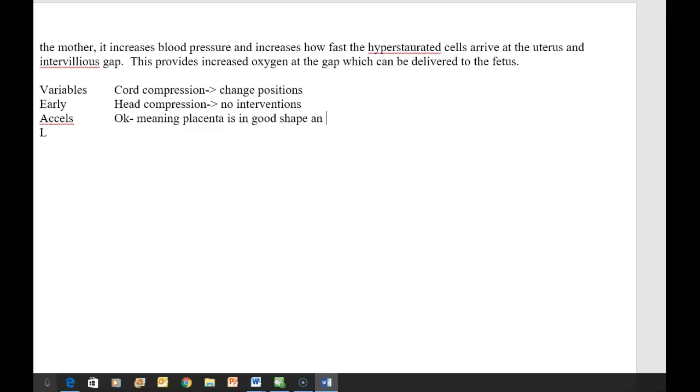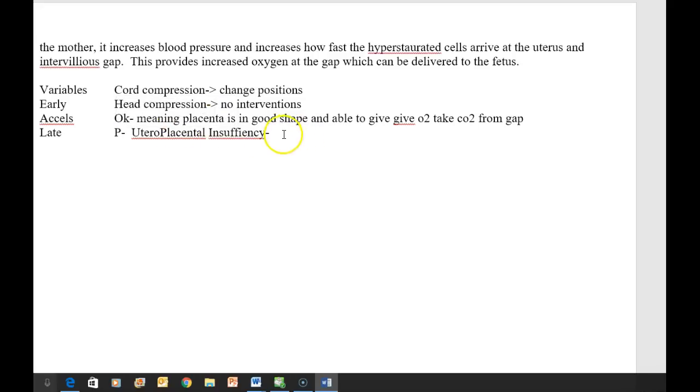It is able to give oxygen to the baby and take CO2 from the baby. And then late decelerations. What late decelerations are considered is utero-placental insufficiency, and that's the P, placental insufficiency.